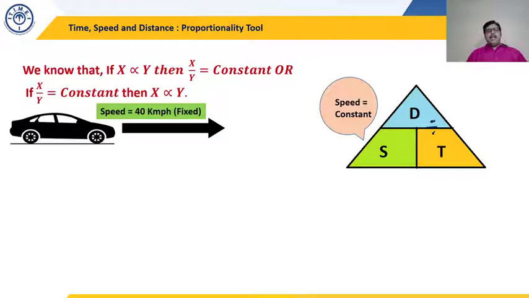Let's assume that your speed is 40 km per hour, which is fixed. So if the duration of travel increases, the distance will also increase in the same proportion.